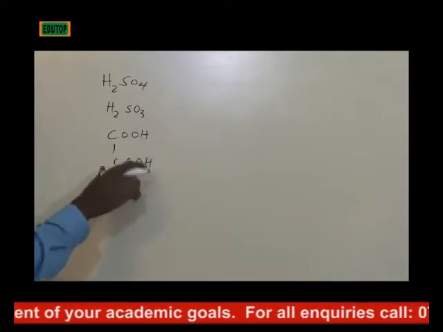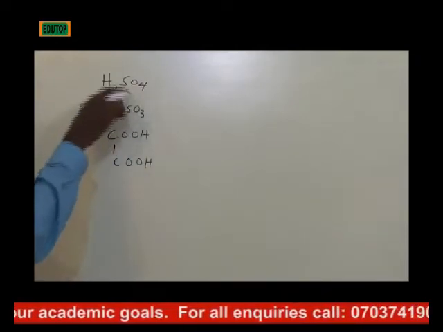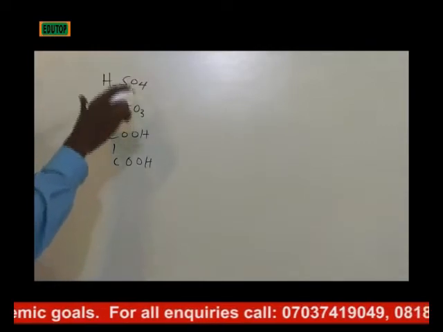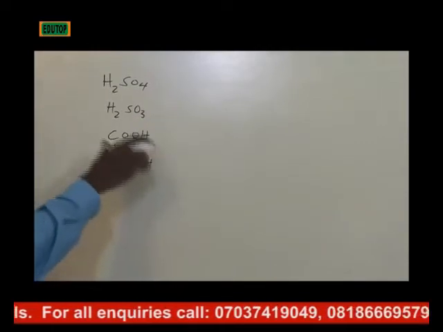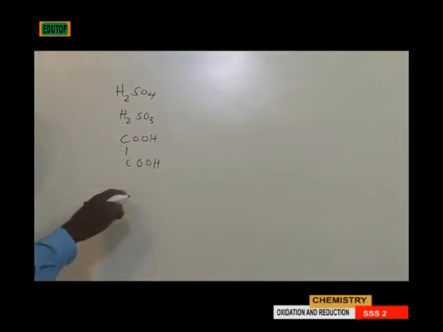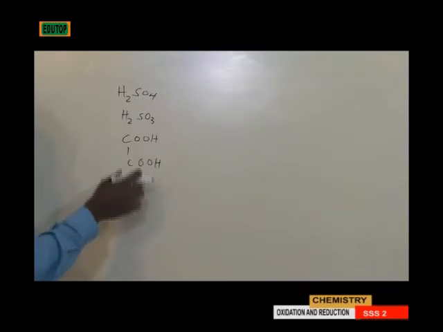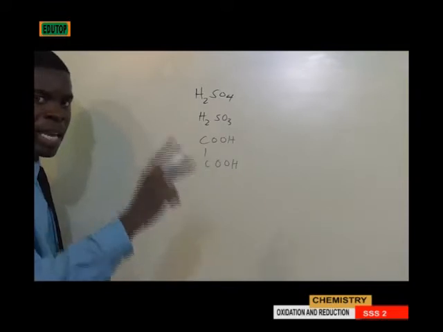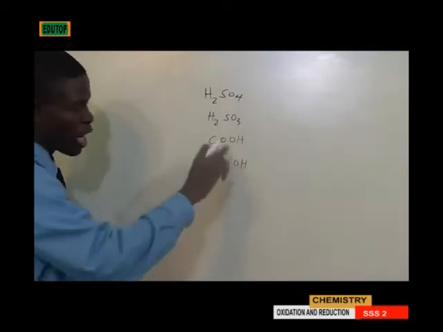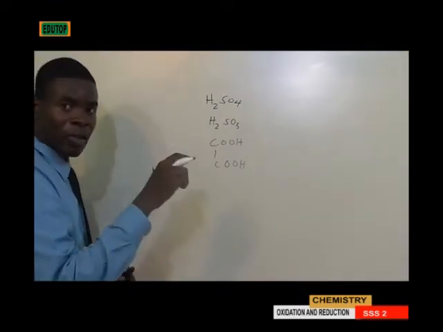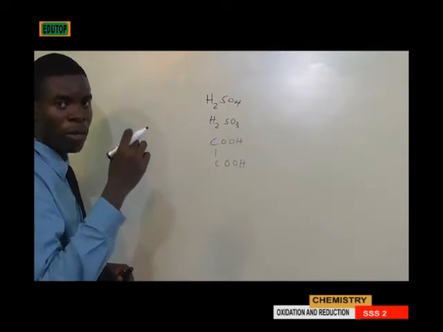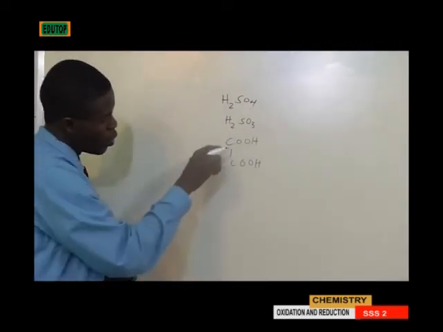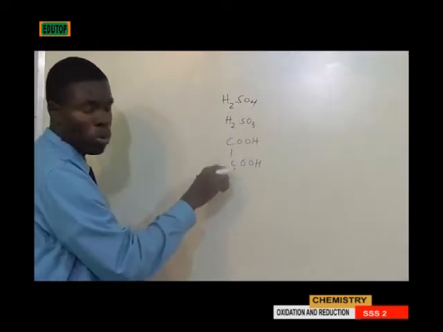In the case of these two, they are inorganic acids, while this is an organic acid. Here you can see the 2 carboxylic groups, dioic meaning 2 carboxylic groups. The ethane, which is 2 atoms of carbon, 1, 2.